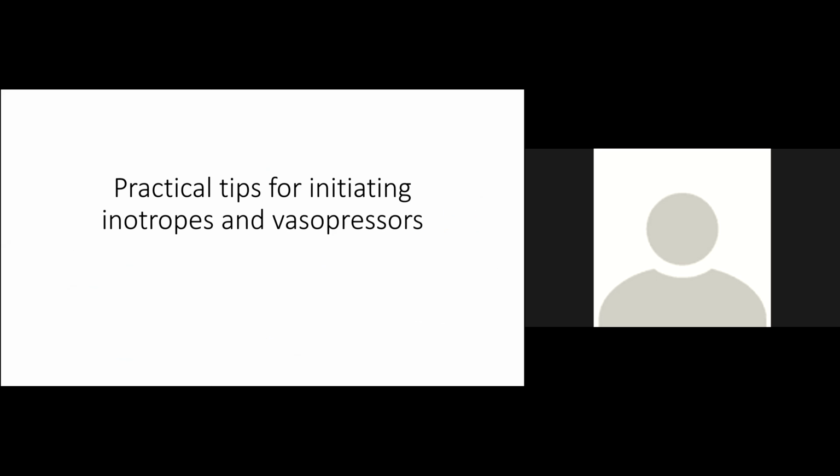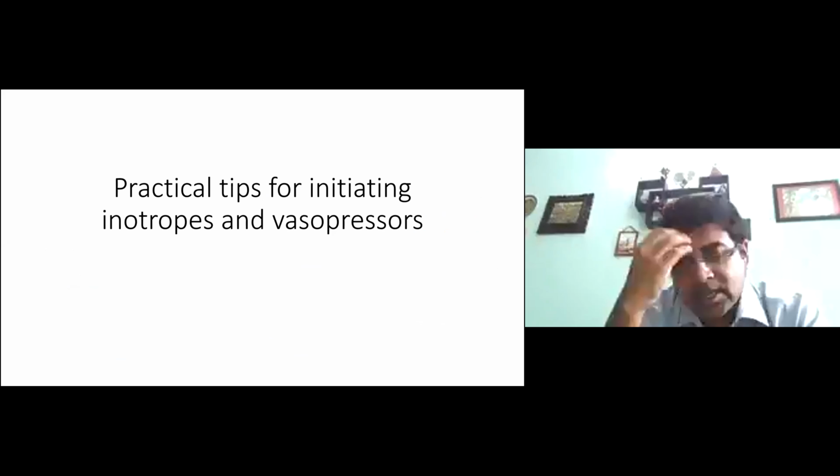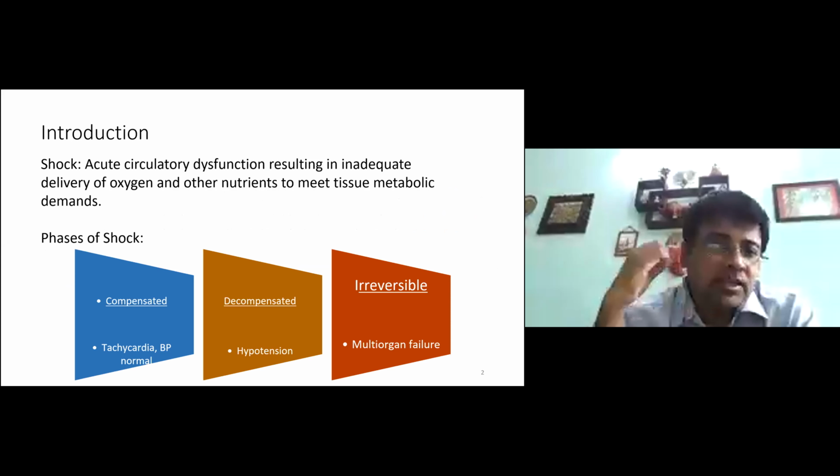Am I audible now? Yes, better. Okay. So these are practical tips for initiating inotropic vasoactive agents. Shock, as you know, is circulatory dysfunction where the delivery of oxygen and nutrients is decreased, and hence there is a metabolic need. The three phases of shock are compensated, decompensated, and irreversible.